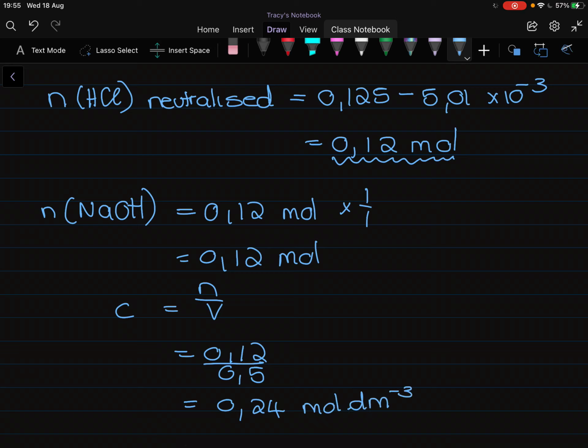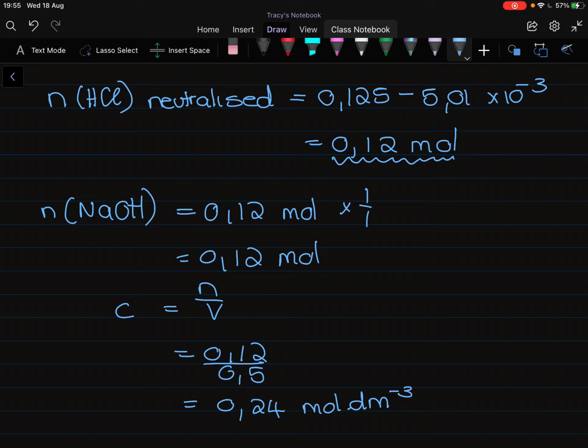Now it's close to the HCl. It's very close. That's okay. Not completely close. Okay. So what that means is the reason why the HCl didn't get completely neutralized is because they weren't identical.